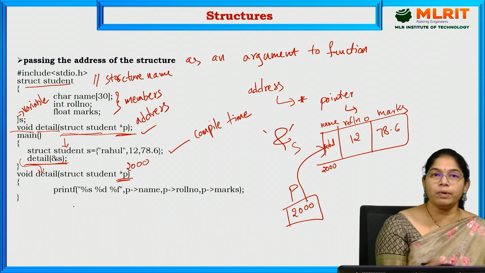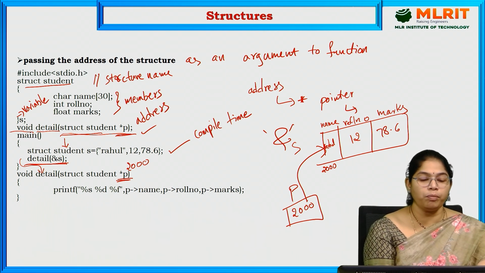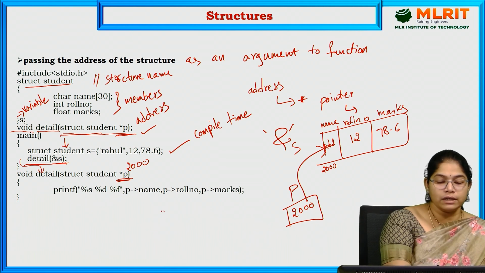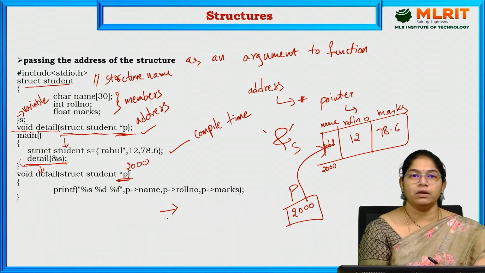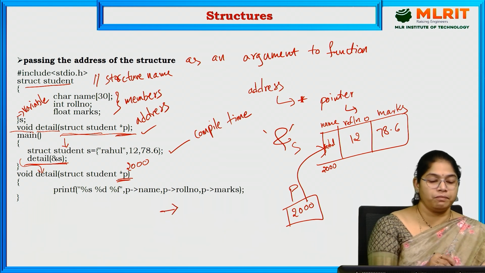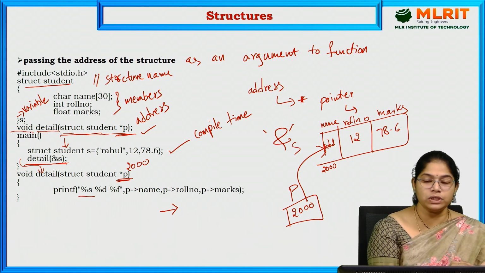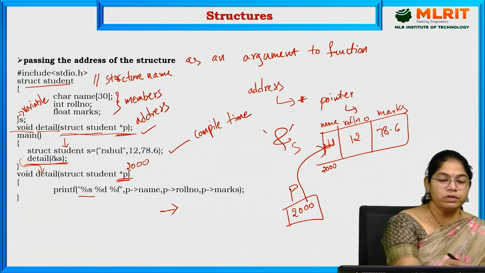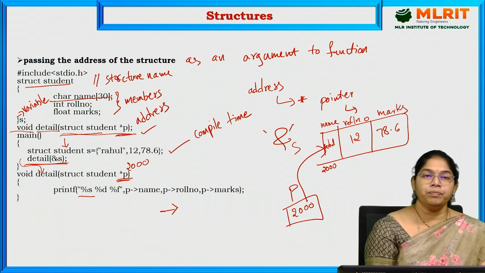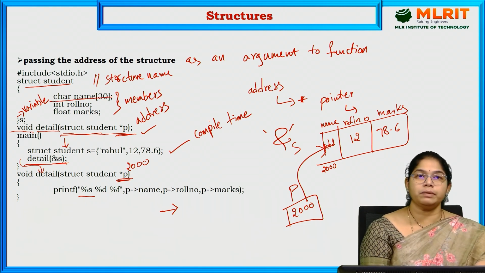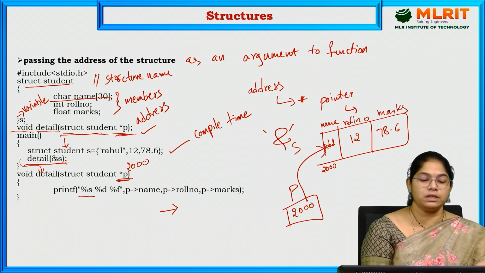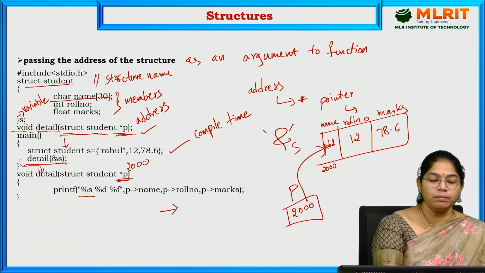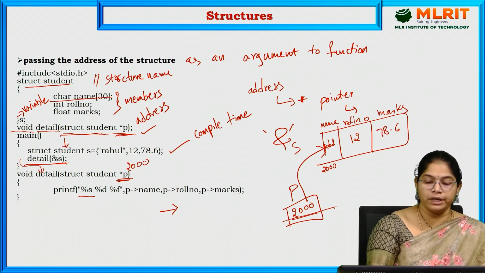To access members of the structure using a pointer, we have to use an access operator called the arrow operator. First I have used the format specifier %s, because the first member is the name, which is a character array. Then I am accessing that member using a pointer. This is a pointer variable.